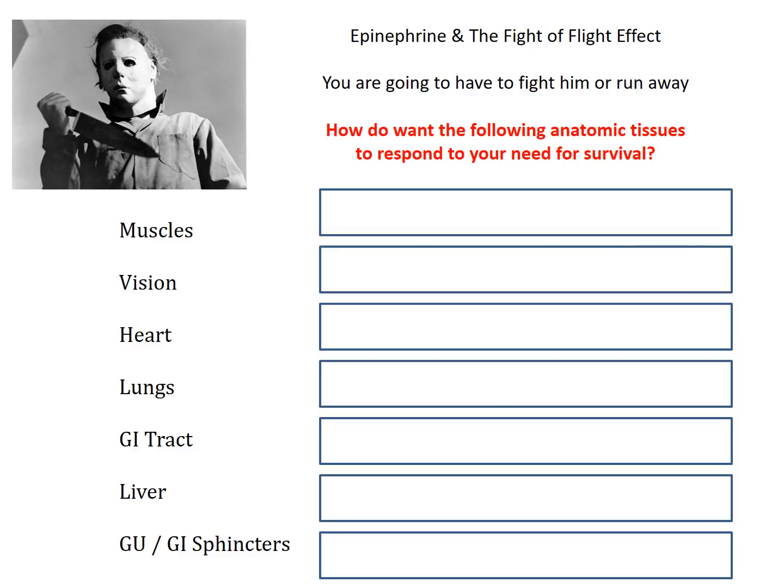Is it Jason? Is it Michael? Is it Leatherface? It is Michael Myers. If you're a fan of these type of movies, Michael Myers was the villain in the Halloween movies, and there's 47 different Halloween movies out right now, which has this individual going about randomly attacking people.